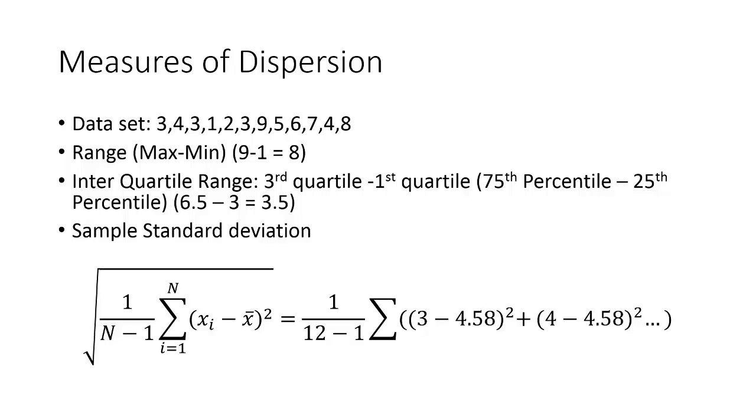So given the average is 4.58, let's say you had a 3.58 deviation. So 3.58, and you had another data point which was 5.58, right?